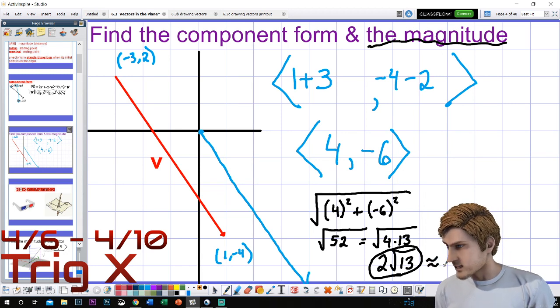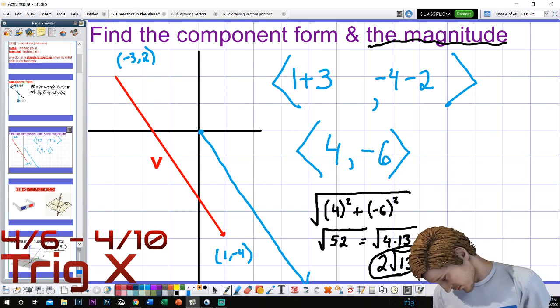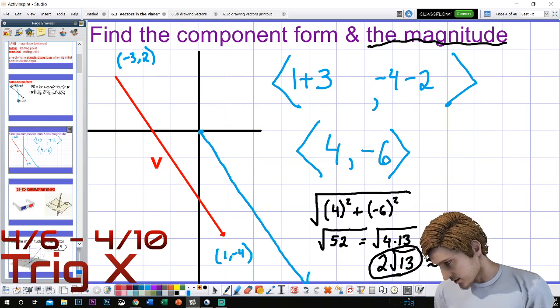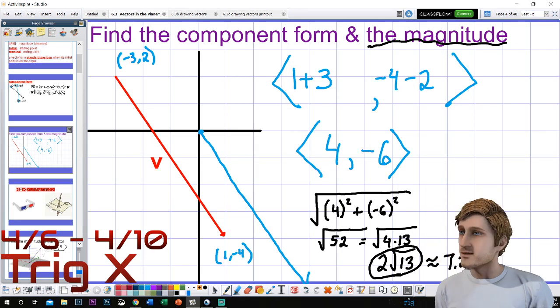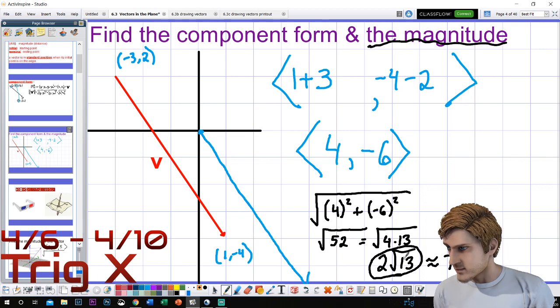If I asked you to put it in decimal form, you could just type 2 square root 13 on your calculator, and that should give you 7.211. To make extra sure that you did this reducing correctly, it is super easy to tell.